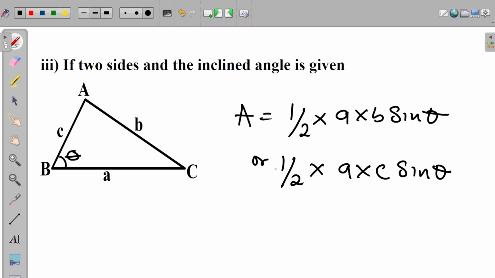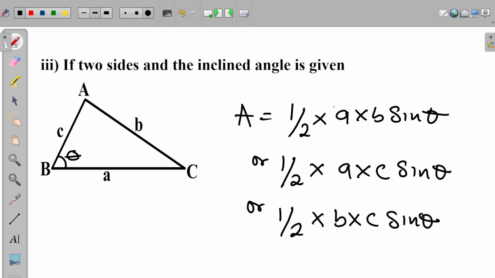This formula applies if only side A and side C is given and the inclined angle, or half times B times C sine theta. This formula is also applied if side B and side C only is given.